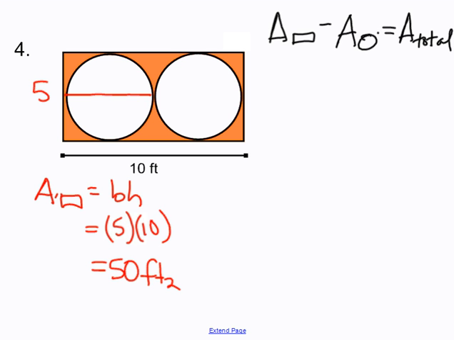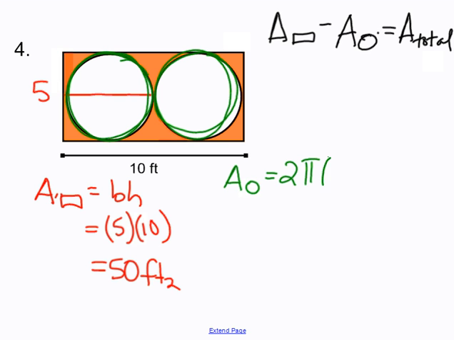So in order to figure out the area of the circles, there's 2 of them. So I'm going to say the area of 2 circles is 2 times pi r squared. So what is the radius?